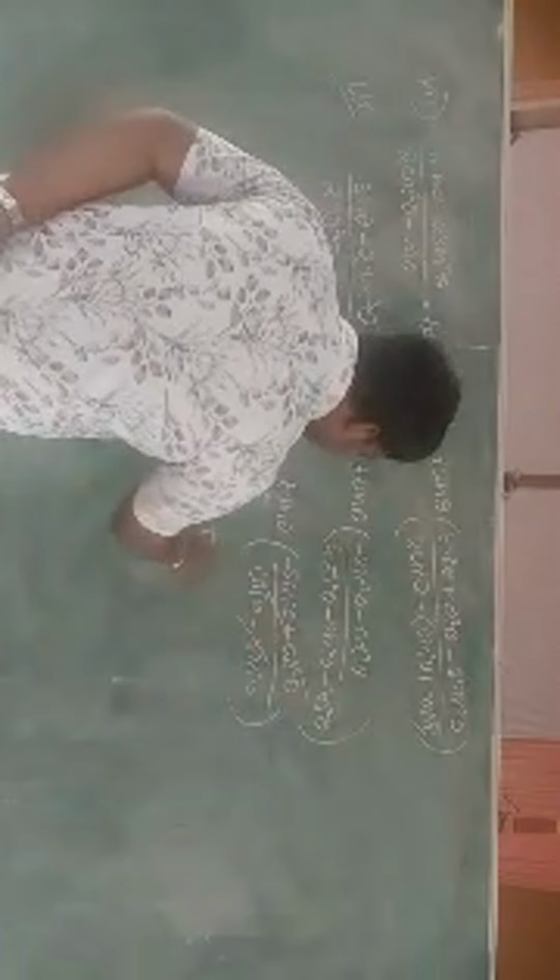So cos square theta minus sin square theta. See, cos square theta minus sin square theta gets cancelled. So your answer is tan theta into 1, which is tan theta. This is your answer.